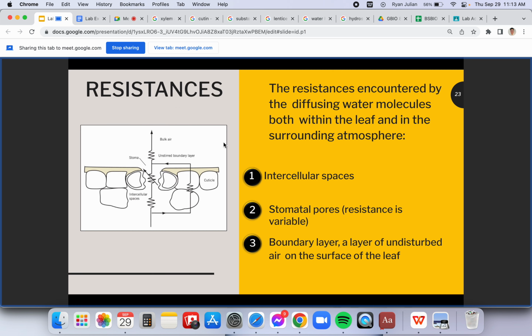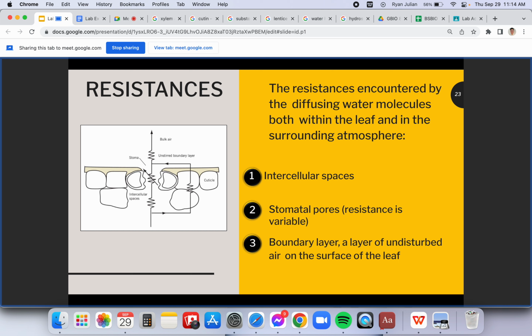And for the second factor to be considered is the resistances. The resistances encountered by the diffusing water molecules both within the leaf and in the surrounding atmosphere. It can be categorized into three sections rather. We have the inner cellular spaces or the stomata and the stomatal pores.